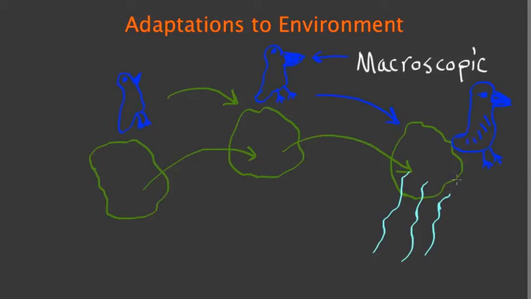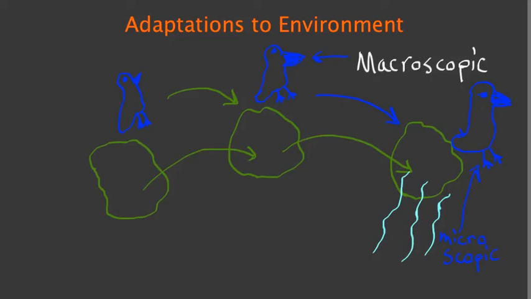And when something you can't see, so the barbules here, we actually can't see those. They exist, but we can't see them with our eyes. And so an adaptation that we can't see is called a microscopic adaptation.